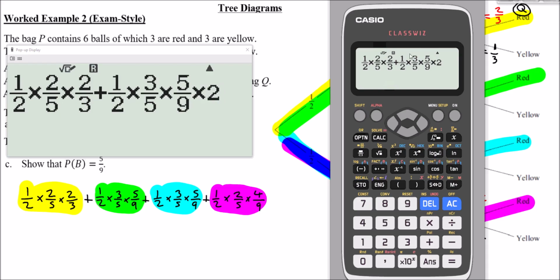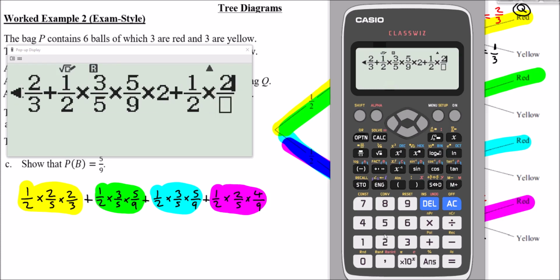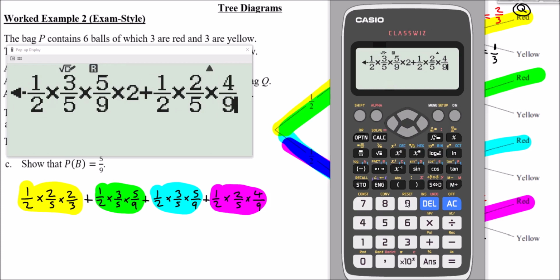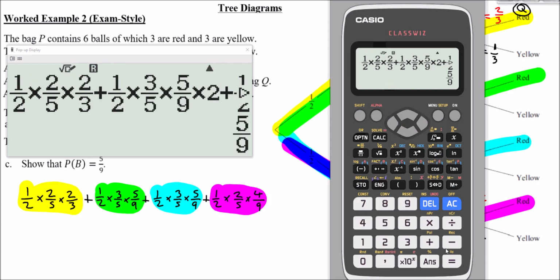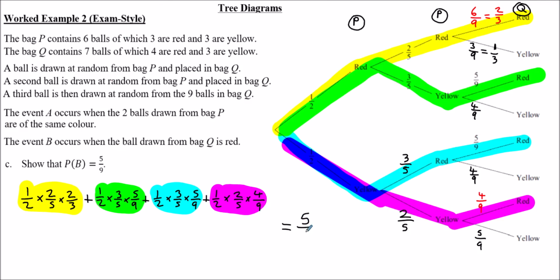So that'll do us for the green and the blue, because those two are equivalent. So we can just finally add on this purple one, plus 1/2 times 2/5 times 4/9, and then cross our fingers and toes if you're that able, which I'm not, see if you get the right answer. We'll then get a total of 5/9. So part C, the probability of event B is, as we needed to show, 5/9 as required.